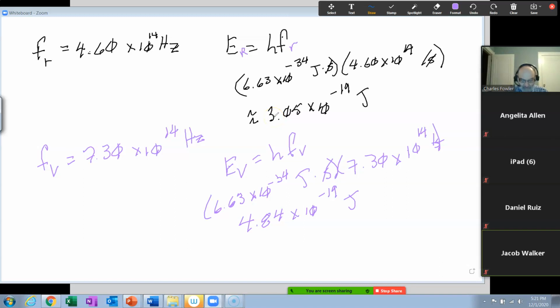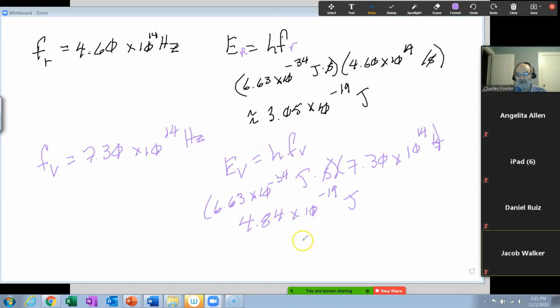And that's why, if you recall back when we were talking about it, ultraviolet rays are very much more harmful than infrared rays. This is red, below red is infrared, that's even lower energy.